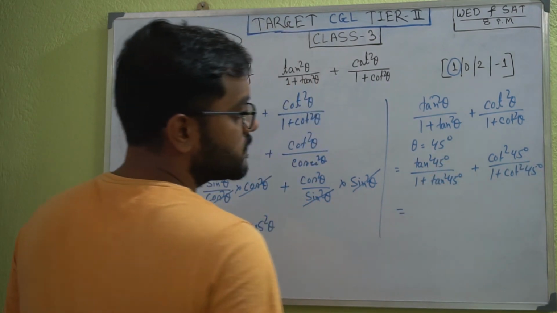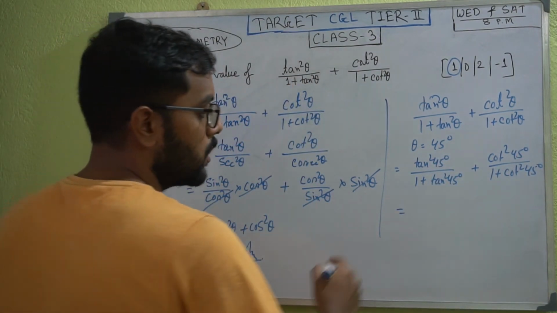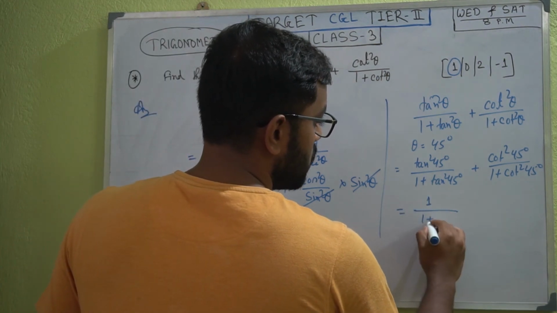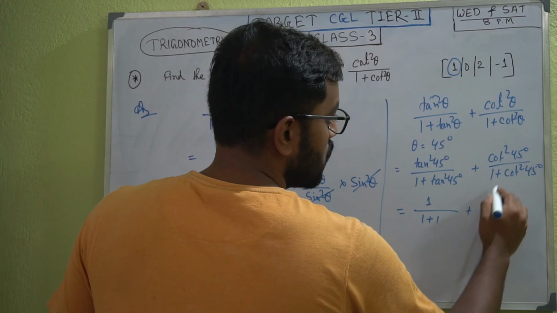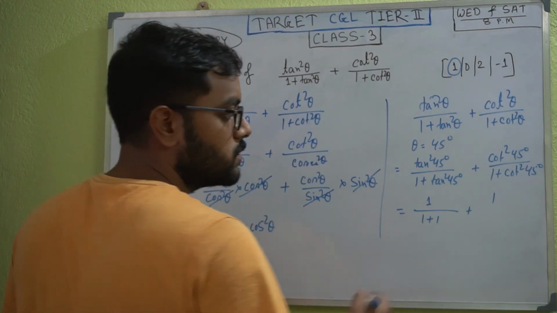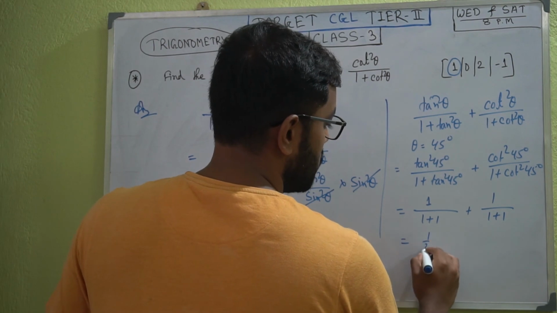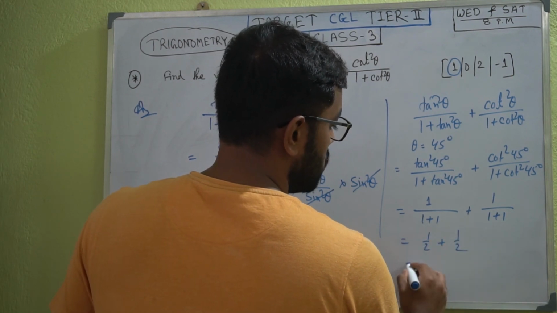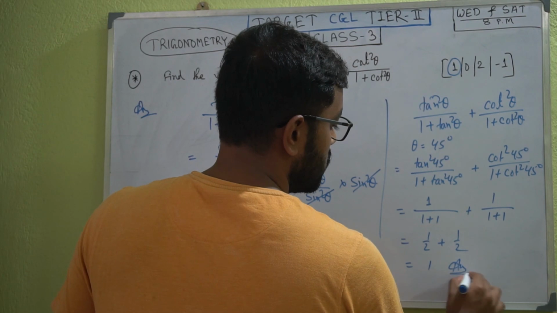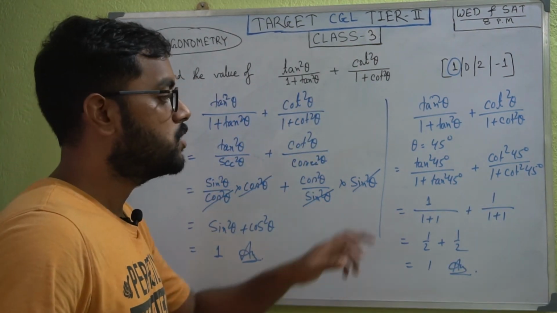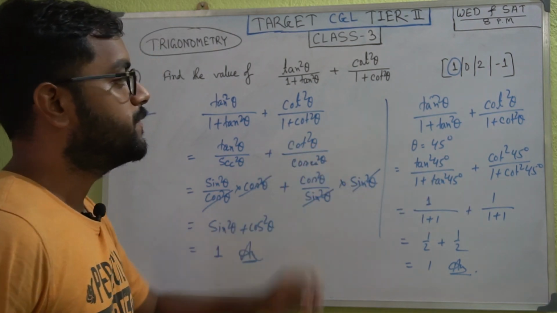We know that tan 45 degree equal to 1. So here tan square 45 equal to 1 by 1 plus 1 plus cot 45 equal to 1 also. So here 1 by 1 plus 1, that is 1 by 2 plus 1 by 2, that is 1. So it is the result. So we can do it in two different ways.